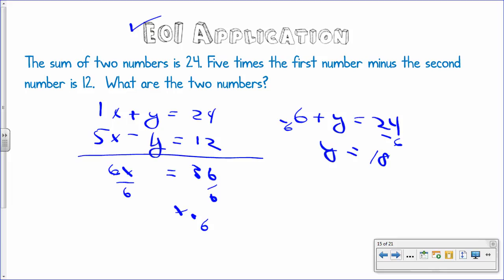Is my math right? Okay. Now, do I need to put this in ordered pair format? It's just, they just want to know the numbers, right? I'm not trying to find where they intersect. I just need to know the two numbers. That's a good number theory problem.